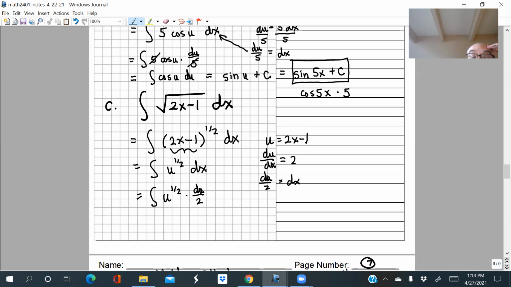Now, unfortunately here, the 2 does not cancel. So what can I do with the 2? That's the mystery there. What can I do with that 2? Because what I would like to be integrating is just u to the 1/2 times du. So what can I do with that 2 in the denominator so that I can end up here with just u to the 1/2 times du?